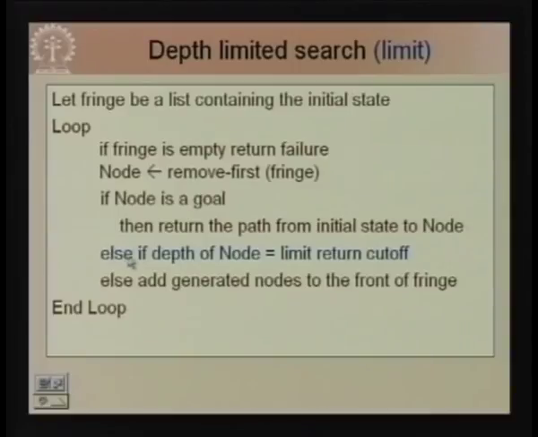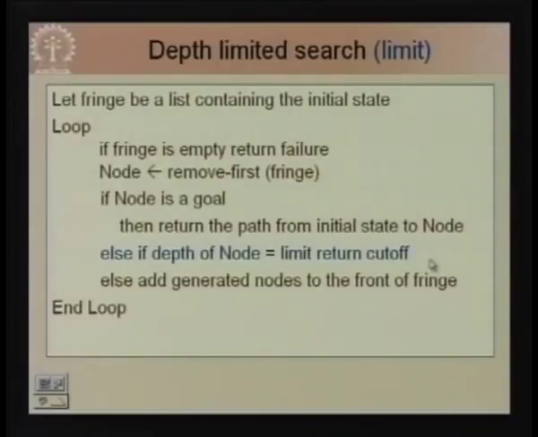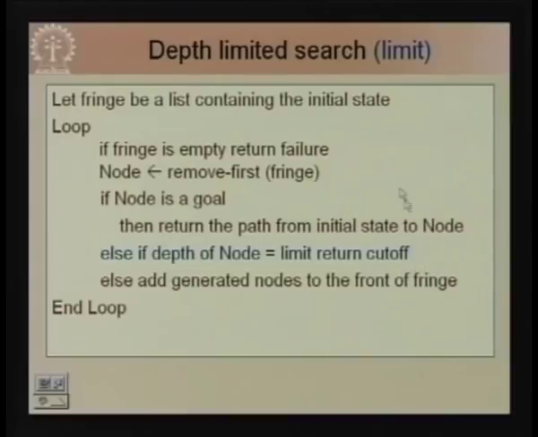At every node we keep track of the depth or level of that node, and we modify depth first search so that if the depth of the node which we are trying to expand is equal to the limit, then we terminate the search. So, if we modify depth first search by cutting off search at a limit, we get depth limited search, which takes as parameter a depth limit and does depth first search up to that limit.